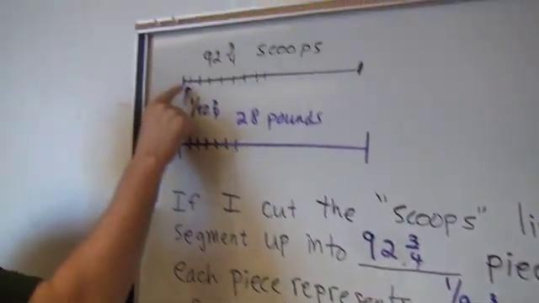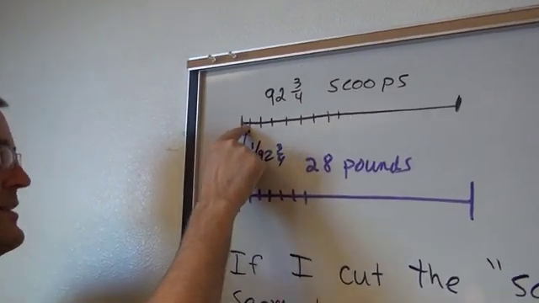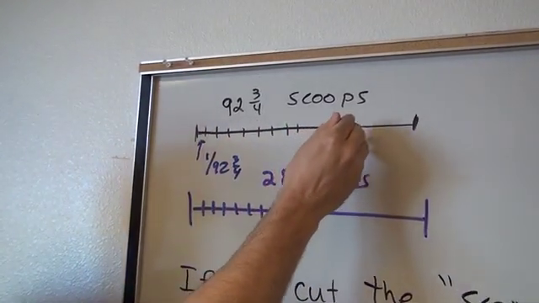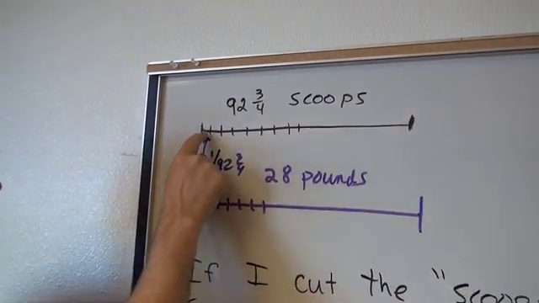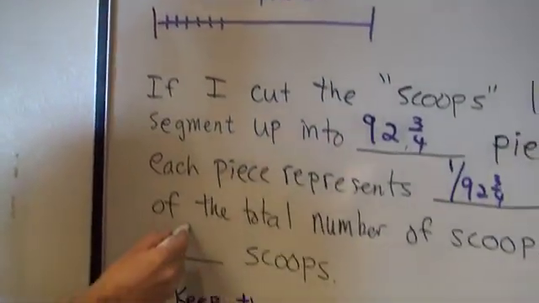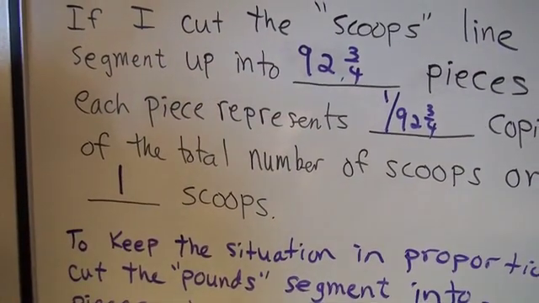Now, if I cut that up, that's an individual piece, there's 1, 2, 3, 4, 5, there's 92 of those, and then 3/4 of a scoop. Each one of those individual sections right there represents just one scoop.